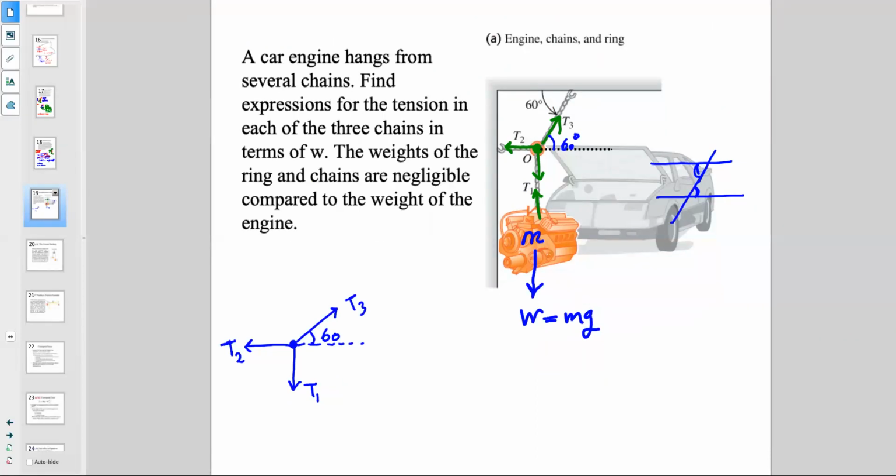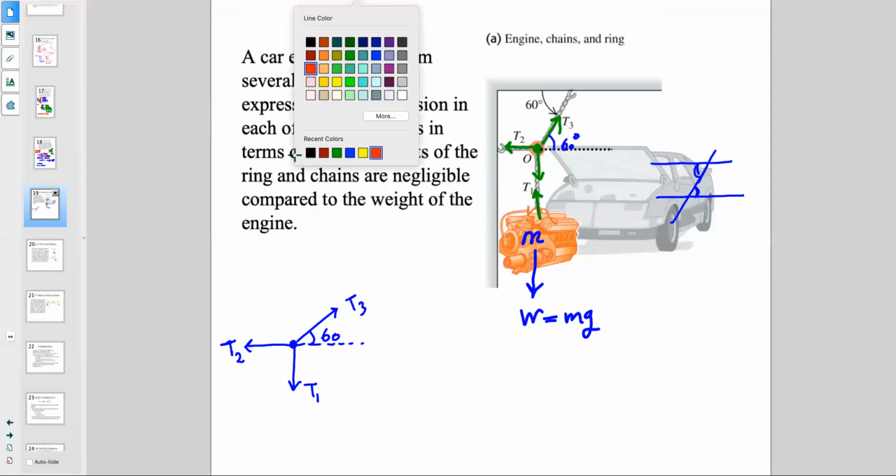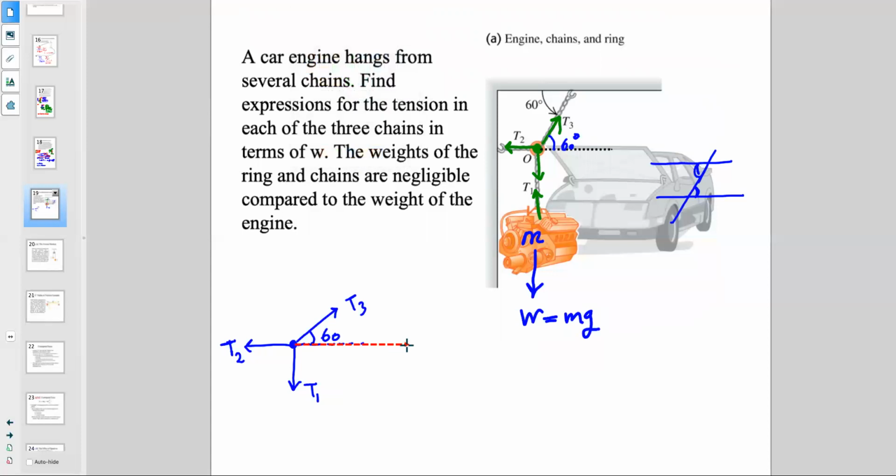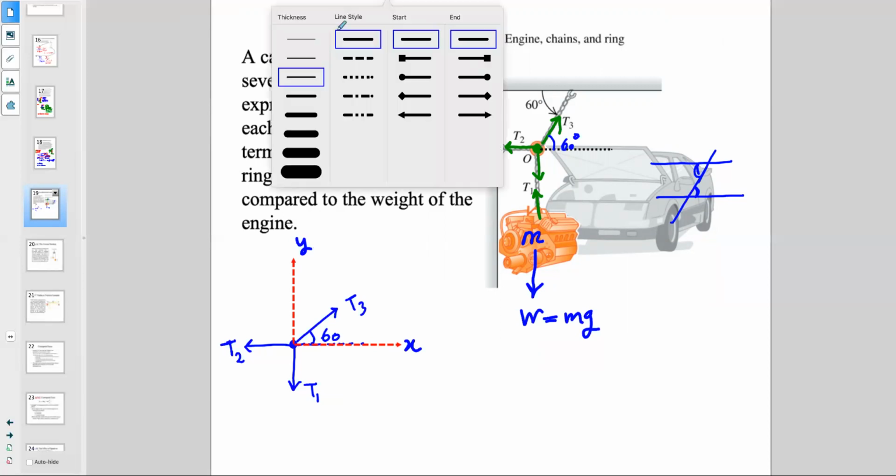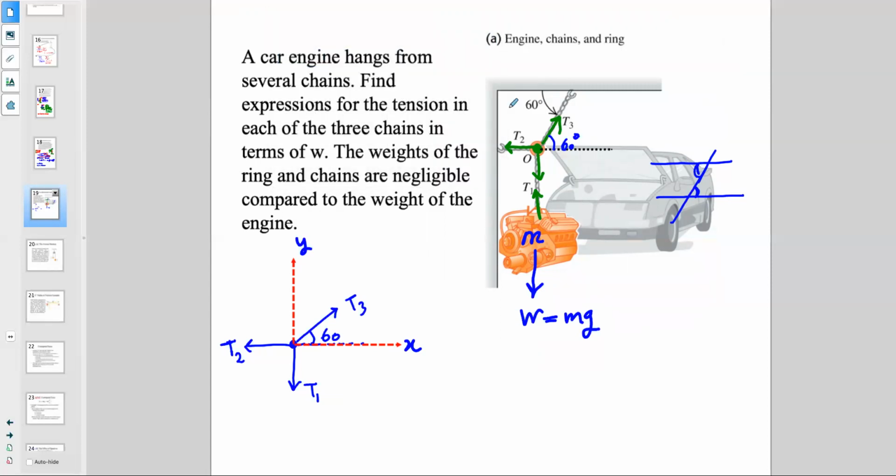So I have to define my coordinate system. If I want to define my coordinate system, the first thing I need to do is to show it like this. So I have my X and I have my Y. And so this is X direction and this is Y direction, all right? And this T3 has an X component. Let me actually write it with another color.